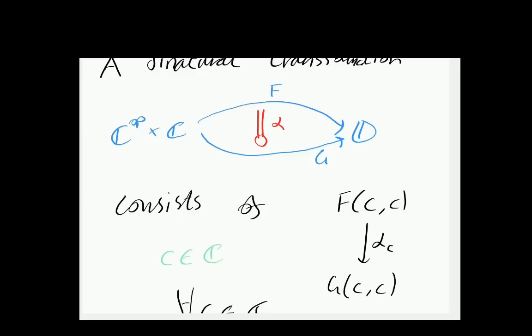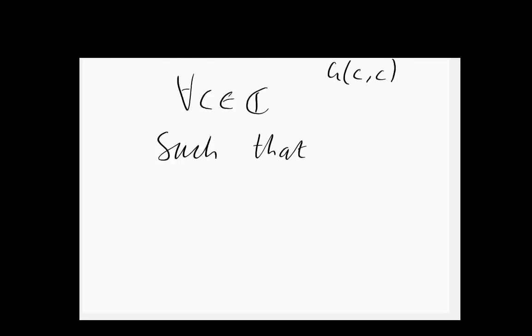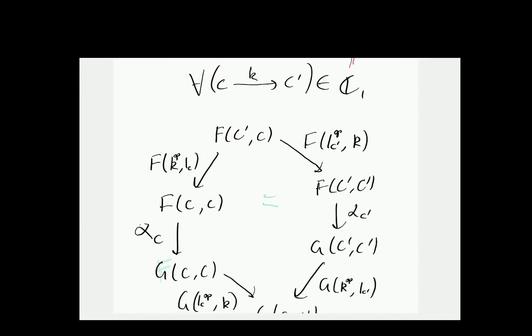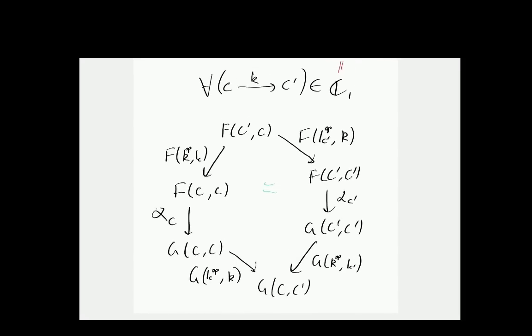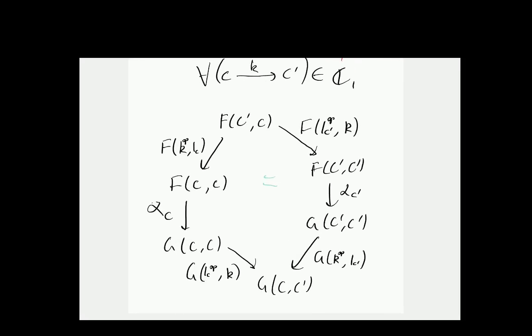And this family of arrows has to make this type of shape commute here for every arrow K from C to C dash. So let's have a look at what's going on here.